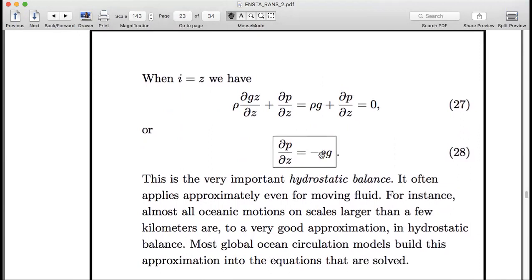That's the equation that scuba divers would probably use intuitively when they want to know how much the pressure goes up as they descend into the ocean.